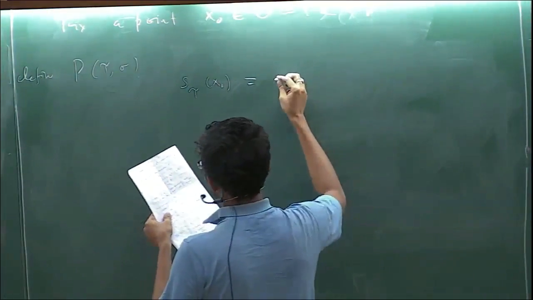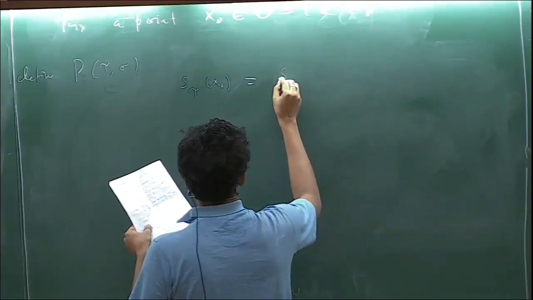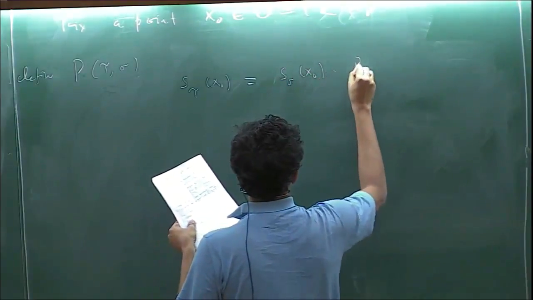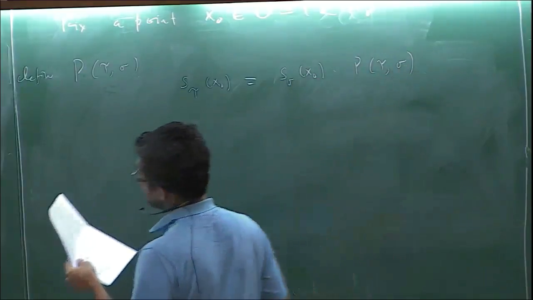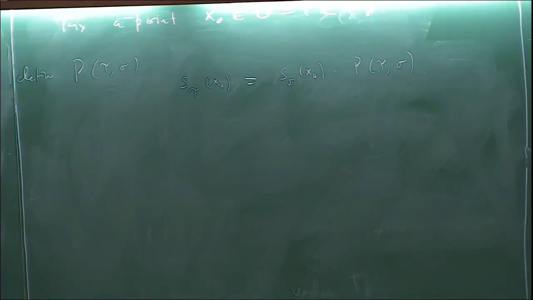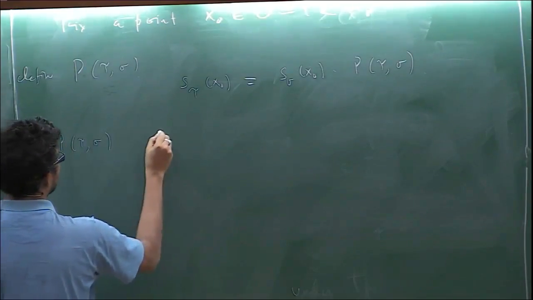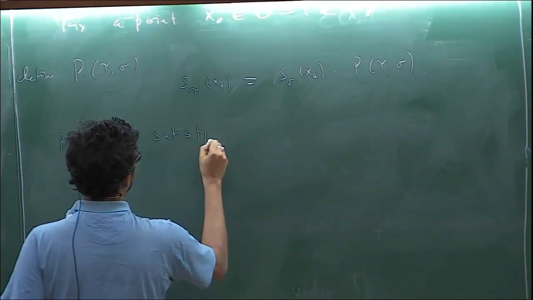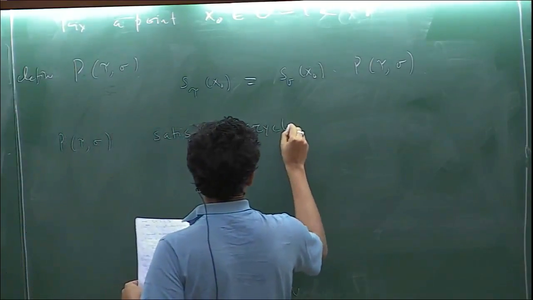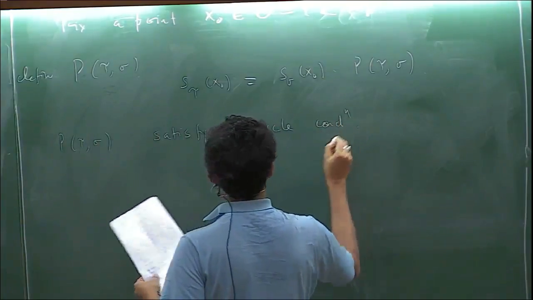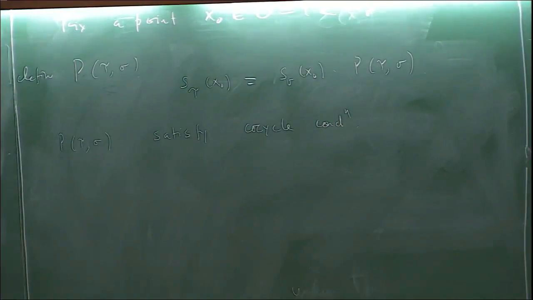This is uniquely defined because it's a principal bundle, so it's a free action. And this P tau sigma satisfies the cocycle condition. That means P tau sigma inverse is P sigma tau, and so on, the cocycle condition.